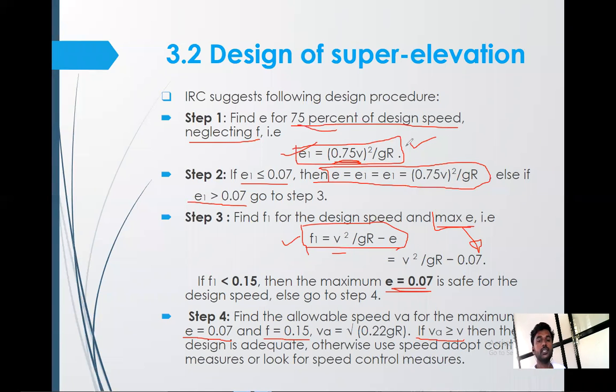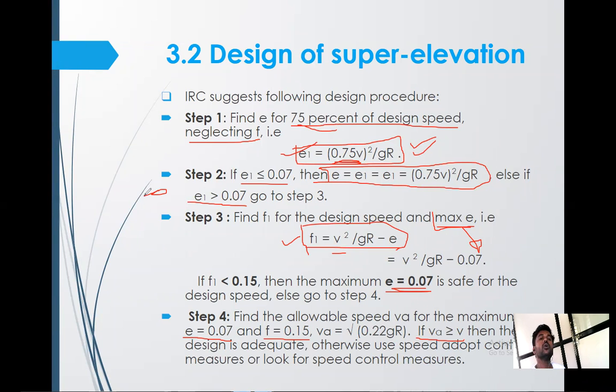By this formula, if we get E less than 0.07, then we have to stop here only. But if this value goes beyond 0.07, then we have to move forward to step number 3.